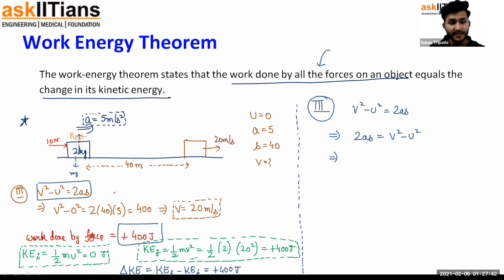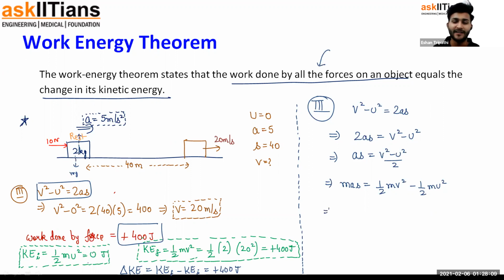Now let's see what we can do. We'll divide both sides by 2. What will we get? as is equal to v square minus u square by 2. Then I'm going to multiply both sides with mass m. So mas is equal to half mv square minus half mu square. I have multiplied both sides with m and then split the numerator into two parts, v square minus u square, divided by 2 each.